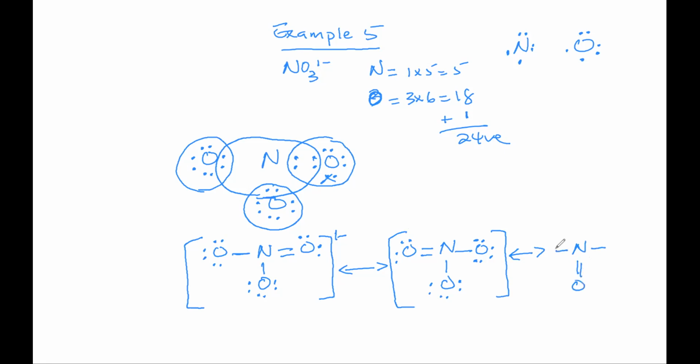So if you get any of these, it is correct. So if you do it this way, this way, this way, either of them is correct. So these are the examples.